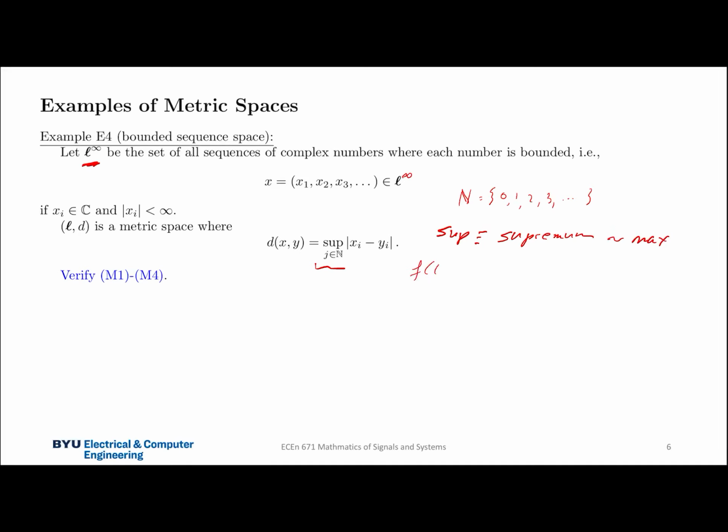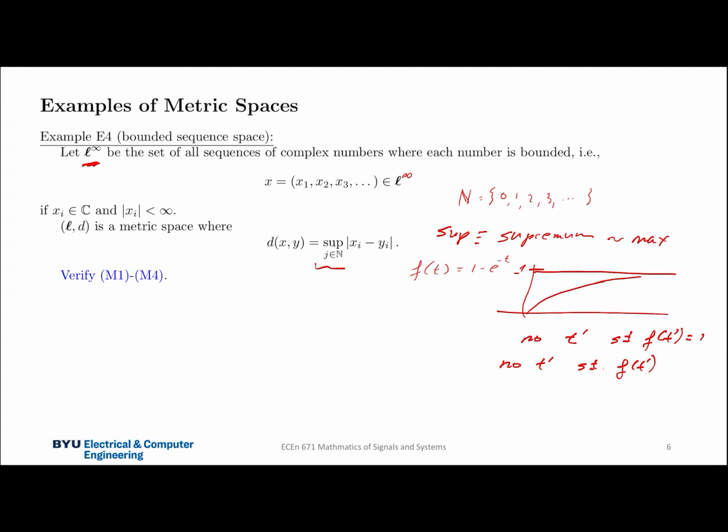So for example, think of this function, f of t is equal to 1 minus e to the minus t. Okay, this thing looks like the following. Here's 1, and it exponentially gets closer and closer to 1, but never actually gets there. In other words, there's no t prime such that f of t prime is equal to 1. So there's no t prime such that f of t prime is greater than or equal to f of t for all t, right?